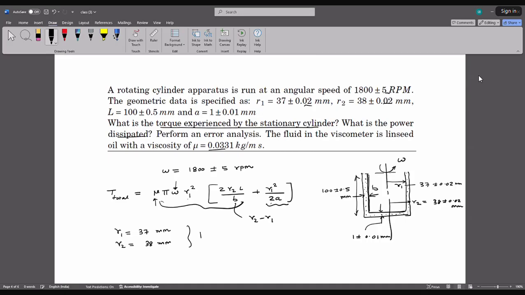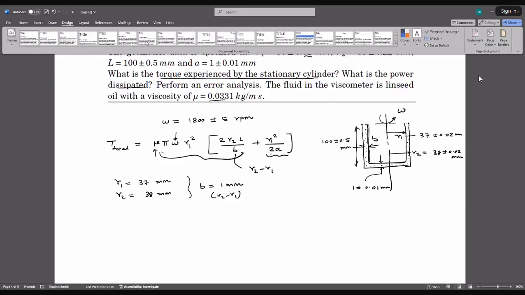That means your B is 1 mm, because B is R2 minus R1. A is given as 1 mm, that is 1 into 10 to the minus 3 meter. B is also 1 into 10 to the minus 3 meter. R1 is 0.037 meter. R2 will be 0.038 meter.